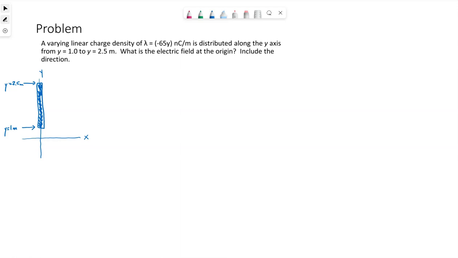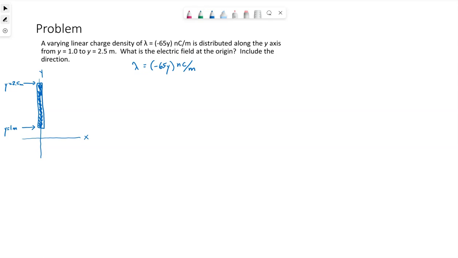Okay. Now, the other thing they're telling us is that this linear charge density is not uniform, meaning it's changing with the y position. So as y gets bigger, there's more and more negative charge.